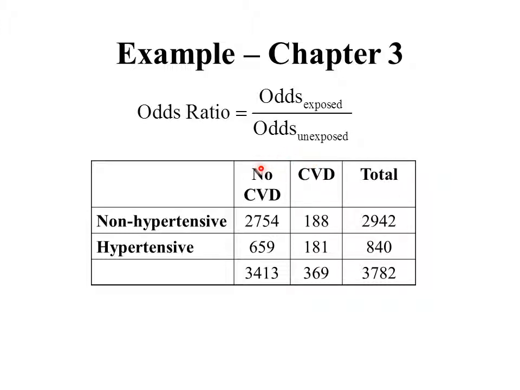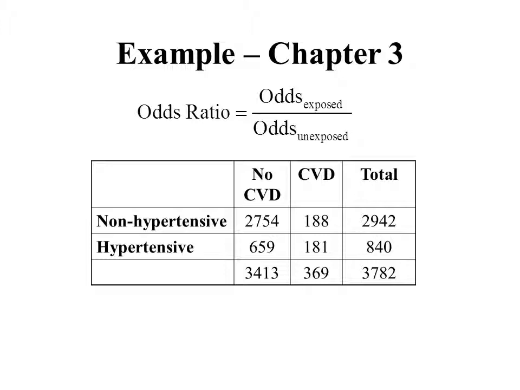So for instance, this says that we had a total of 2,942 people without hypertension, and a total of 369 people with cardiovascular disease. This number in the middle means that 181 of those people without hypertension have cardiovascular disease. 659 of those people with hypertension do not have cardiovascular disease, and so on and so forth.